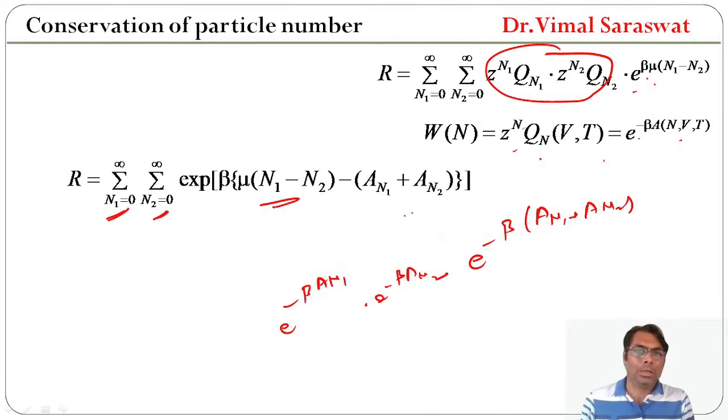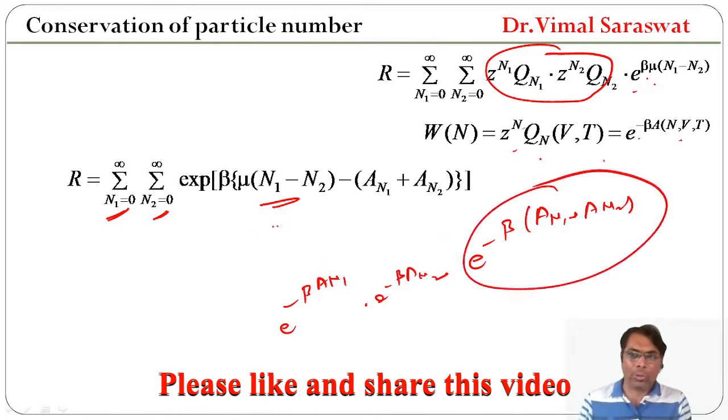So we involve exponential minus beta (A n1 plus A n2) here.